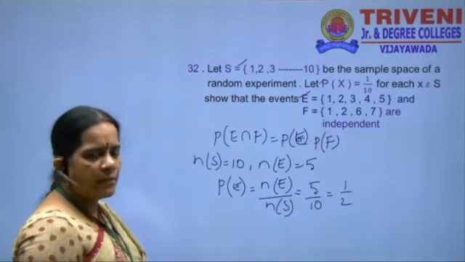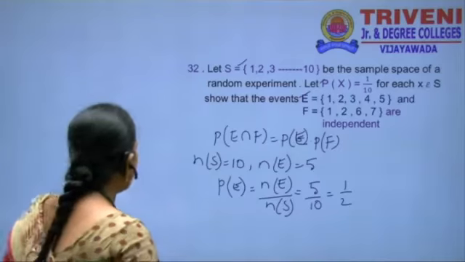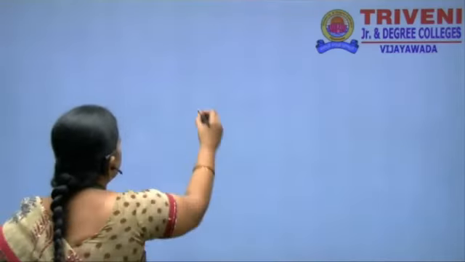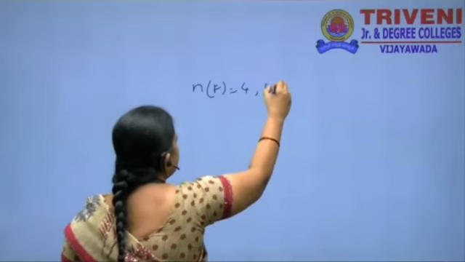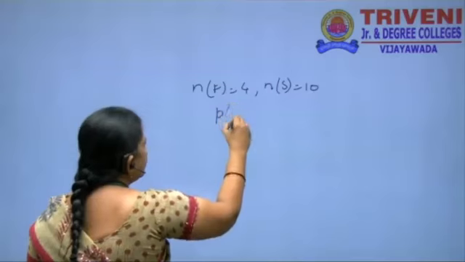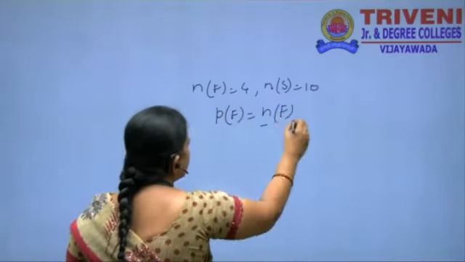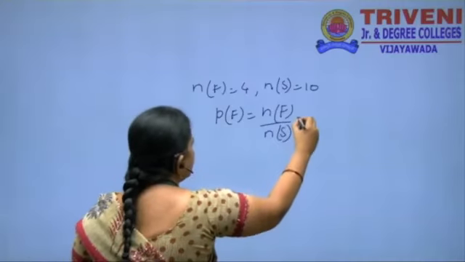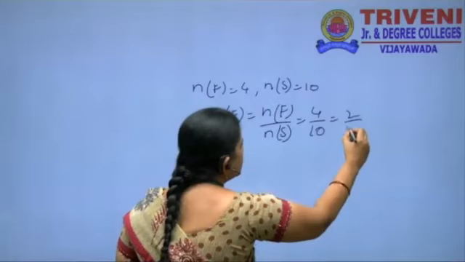And also the elements of F: F = {1, 2, 6, 7}, n(F) = 4 elements, and here also n(S) is 10. Then the probability of F = n(F)/n(S) = 4/10 = 2/5.